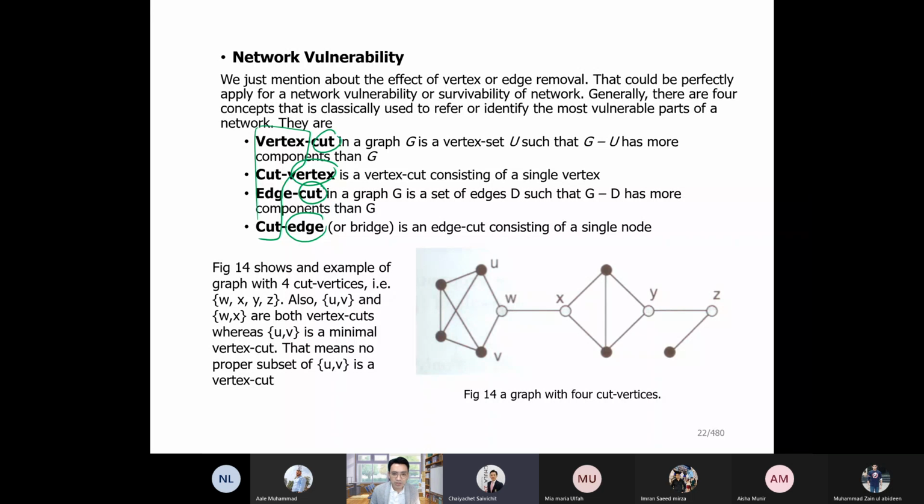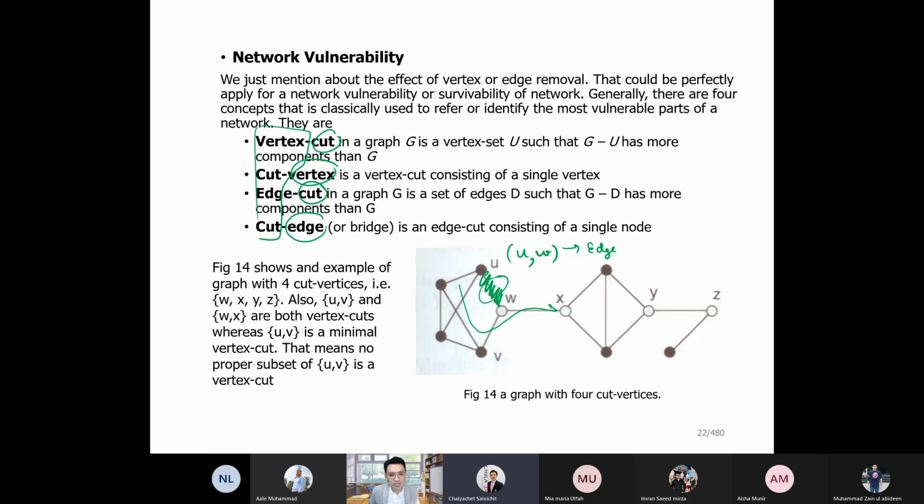UW is the cut edge. This one is a cut edge? Yes, sir. Sure. Because you can see that if you remove this one, we can still go with this link, right?